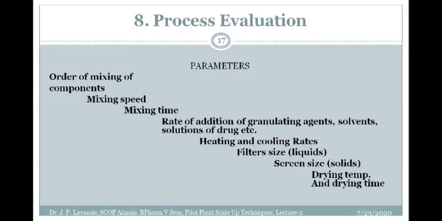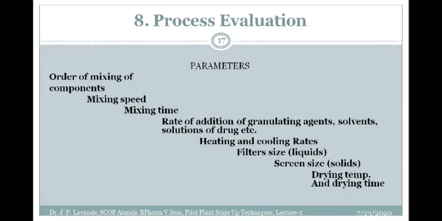And what should be the order of mixing, when the binding agent should be added, when the coloring agent should be added, when the API should be added, what is the order generally.